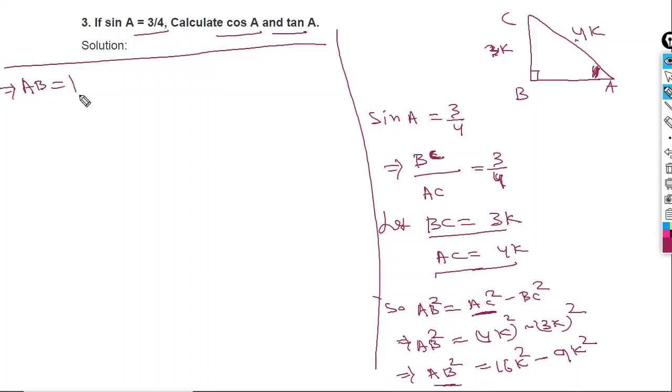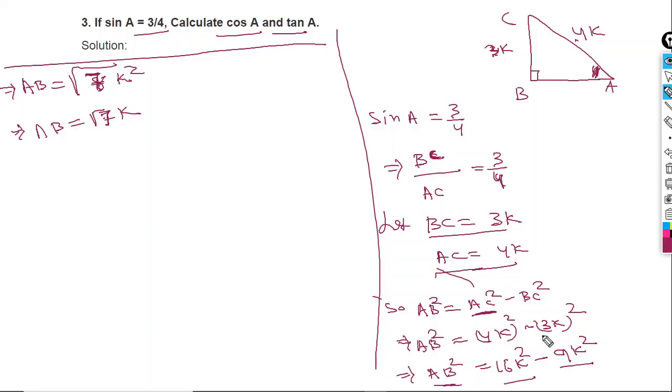AB will be equal to root over of, now 16K square minus 9K square is equal to 16 minus 9 is 7, sorry, not 8, 7. 7K square implies AB is equal to root 7K. So we got the value of AB, that is root 7K.